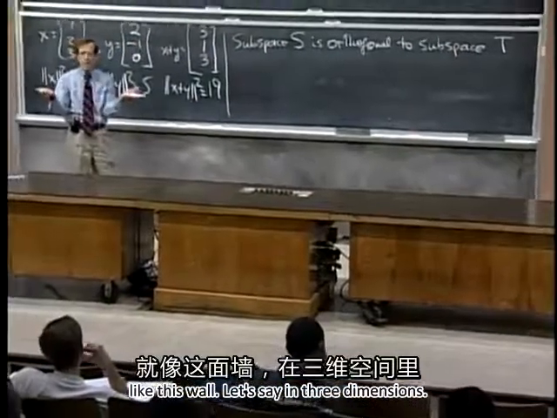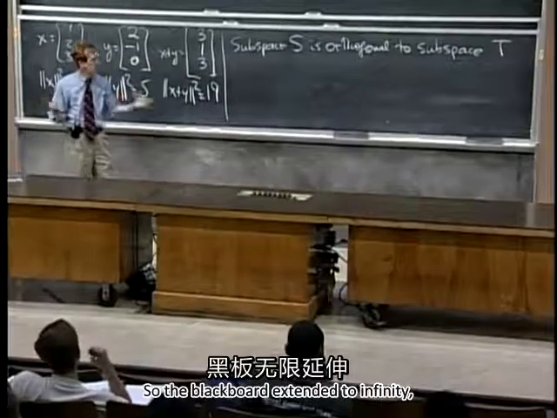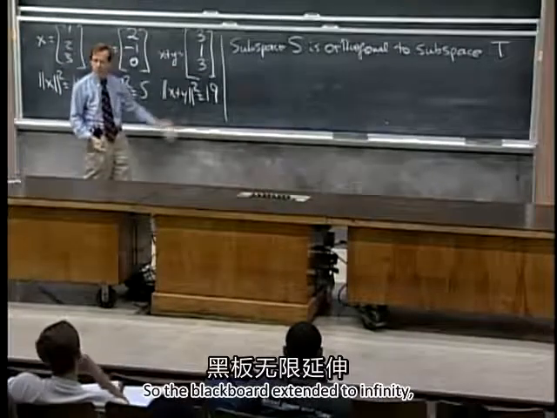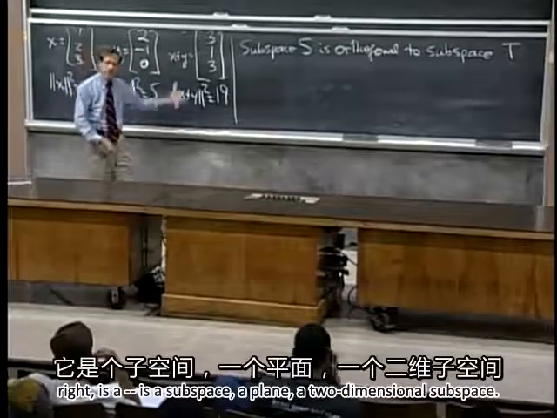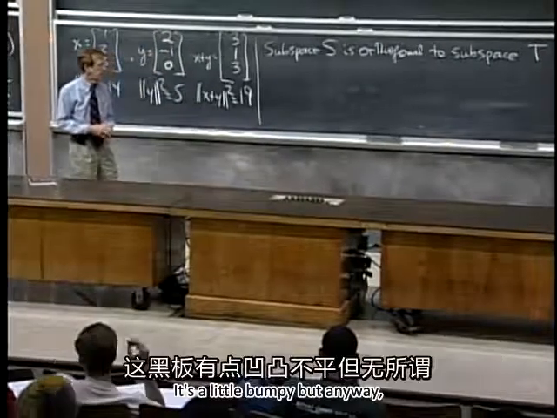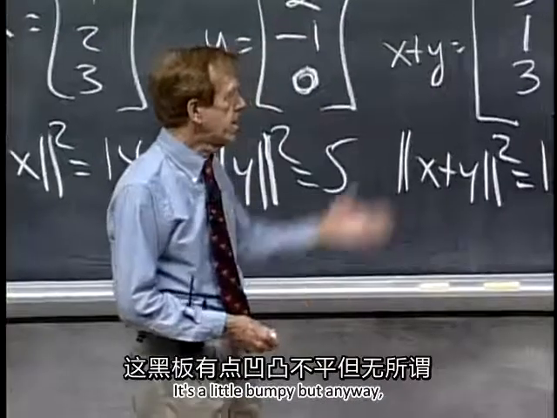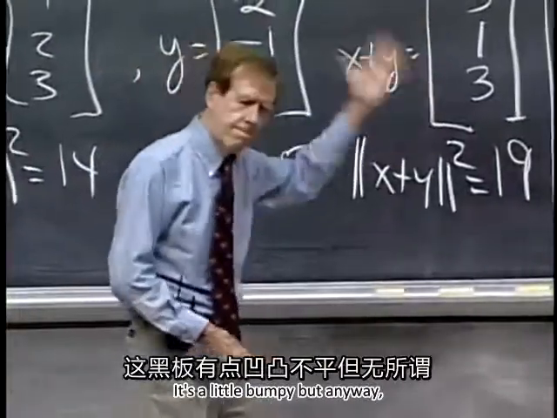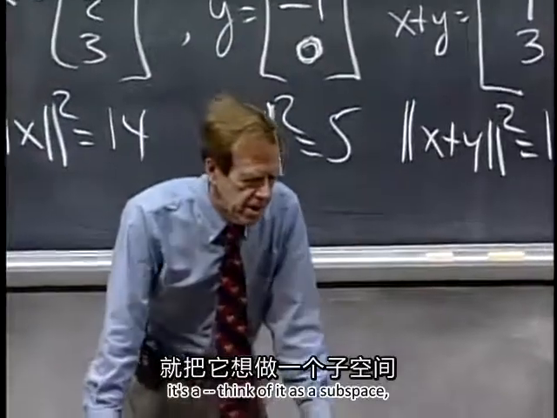Let's say in 3 dimensions. So the blackboard extended to infinity, right, is a subspace, a plane, a 2-dimensional subspace. It's a little bumpy, but anyway, think of it as a subspace.